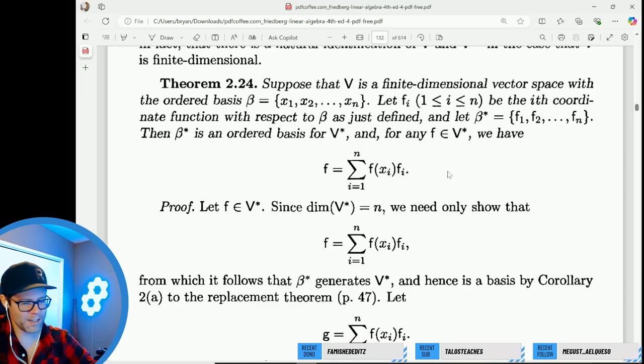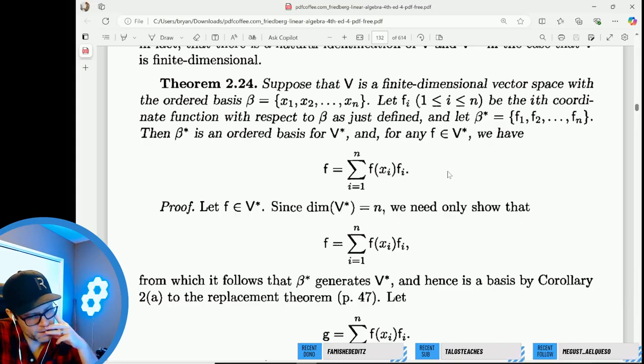Wait, whoa, this is crazy. Okay. And for any linear functional f in V star, it can be broken down into a sum, whoa, of f evaluated at xi times, cool.